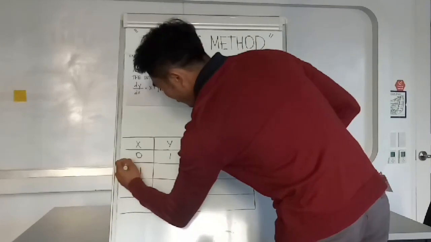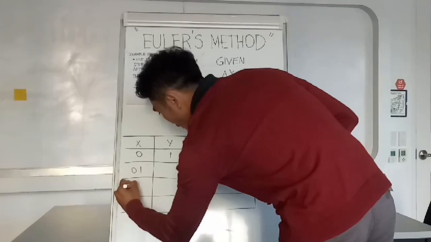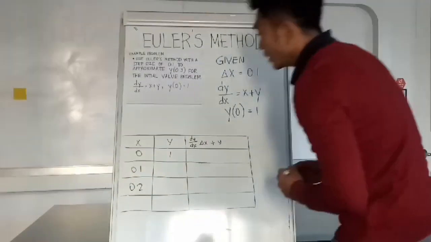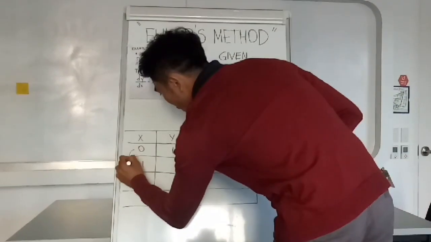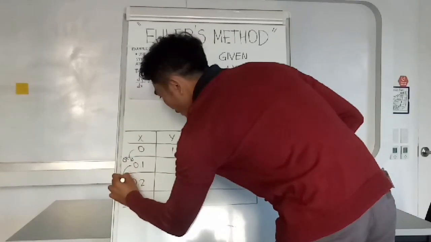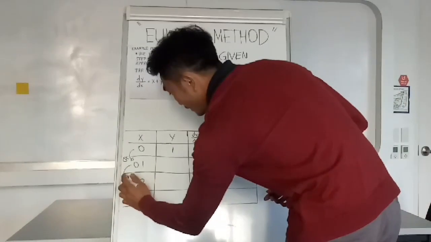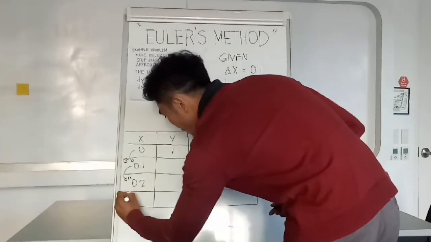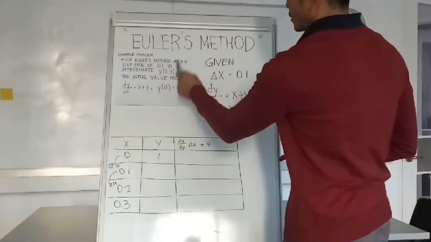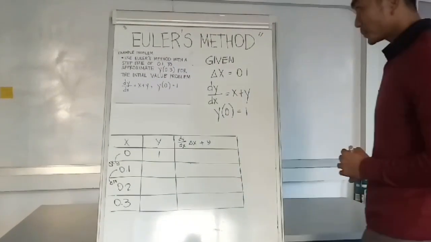So from 0.1 we add 0.1, and 0.1 plus 0.1 is 0.2, where the increment is delta x. From 0.2 we add 0.1, so 0.3, which is what we are looking for, our main objective.